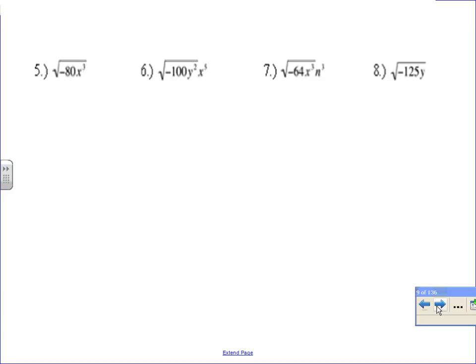So just try 5 and 6, and then put your pencil down when you're done. Remember, square root of negative 1 is I.